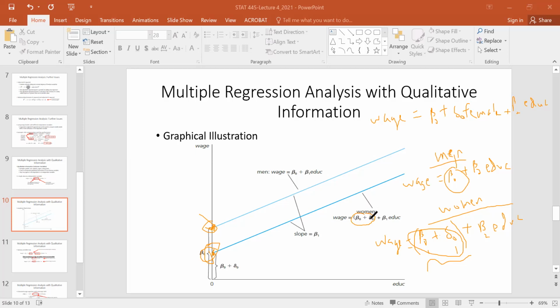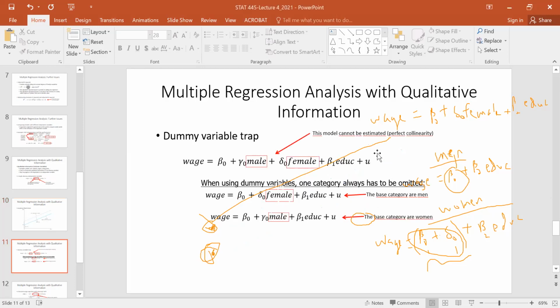Delta 0 tends to be negative. Okay, in quotes, it suggests women are discriminated against, but not necessarily so. So that at the starting point, men are making higher from the intercept than women, holding even the level of education the same. So that's the idea of the dummy or indicator variables controlling for gender.